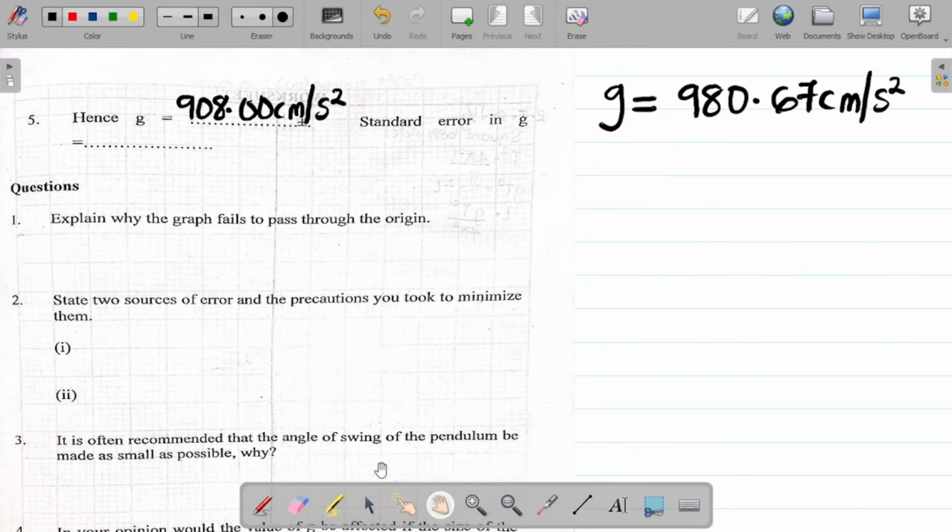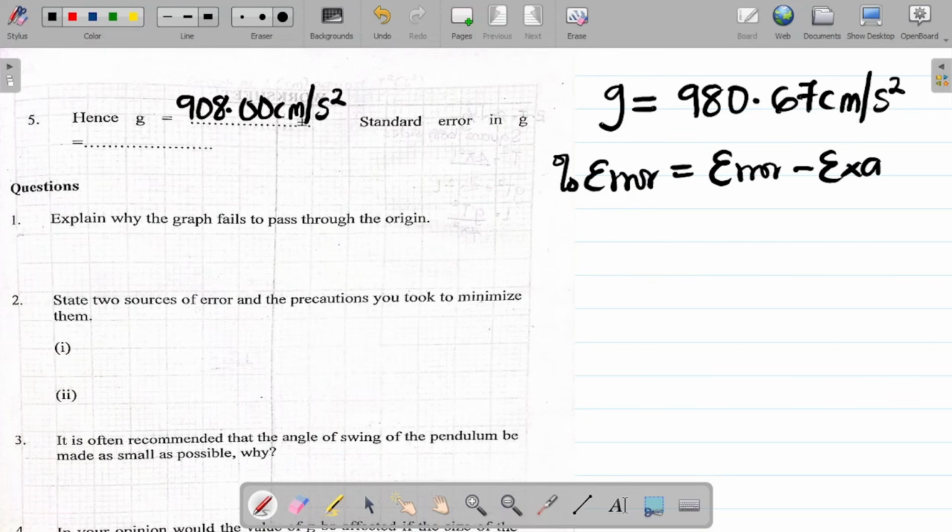So how do you find standard error? Now, what we know is this, percentage error per se is equal to error minus exact all over exact. All right, so let's put values there.